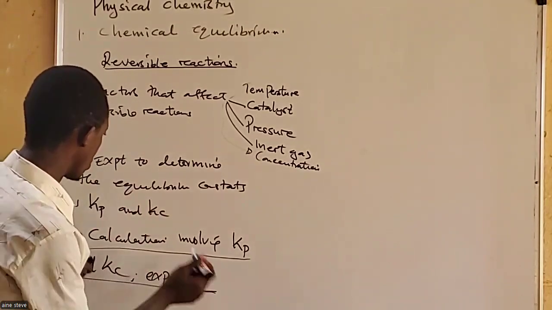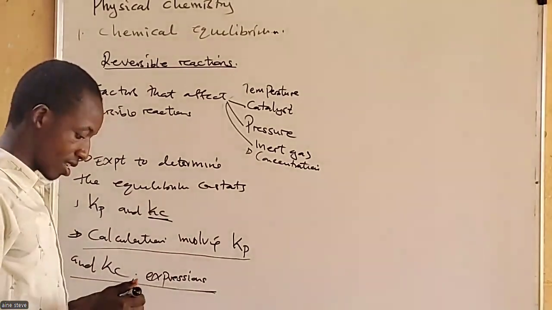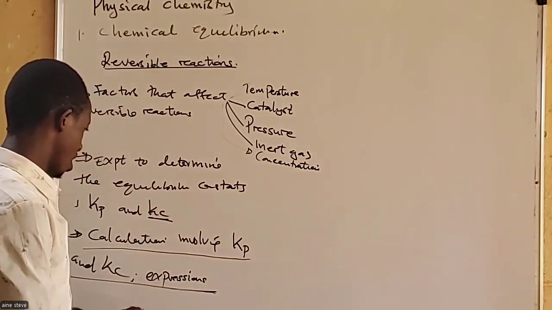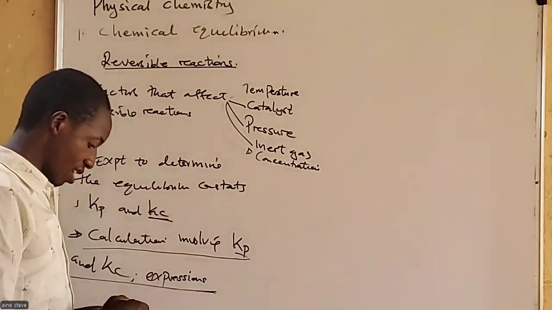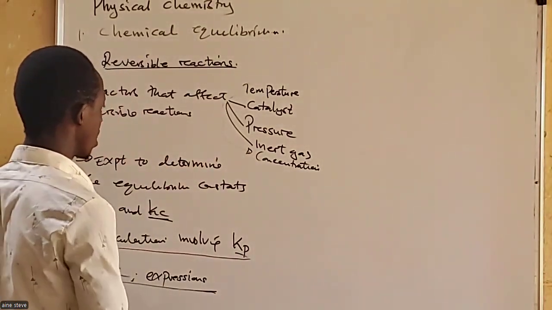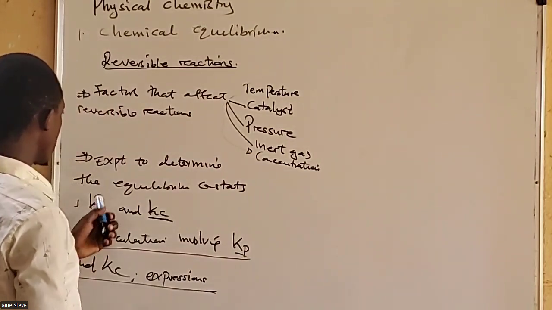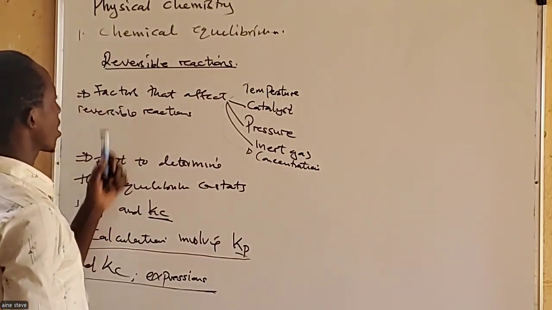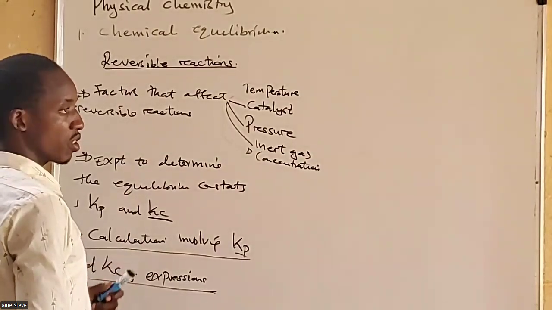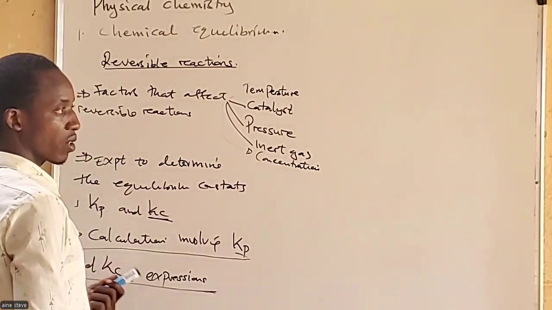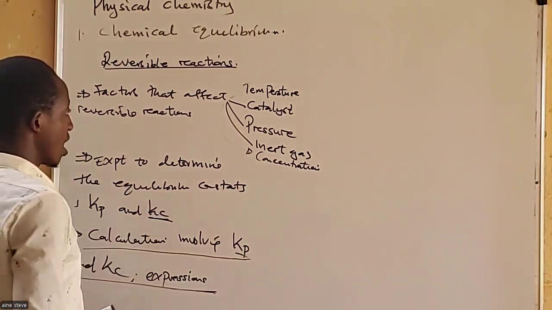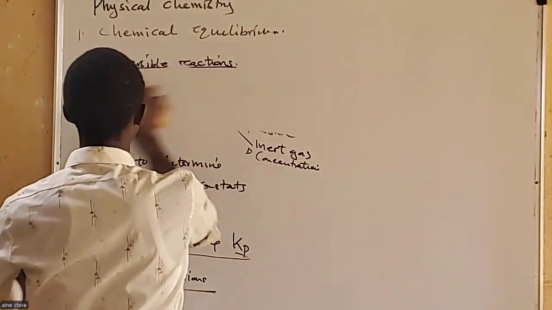But mostly we look at the one for Kc in terms of concentration, and then the calculations in terms of Kp and Kc. I think we shall begin with a little bit of looking at how the factors affect the rate of a reversible reaction, position of the equilibrium, and then the value of the equilibrium constant Kc and the Kp.